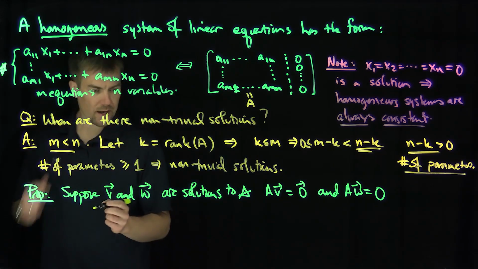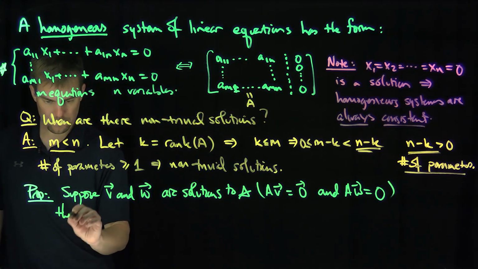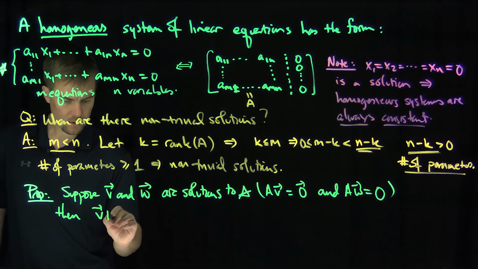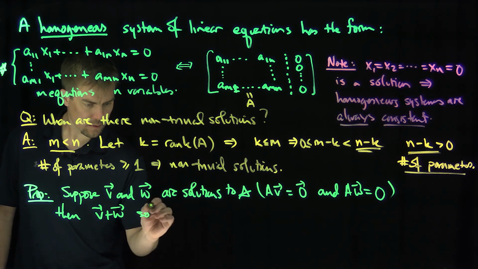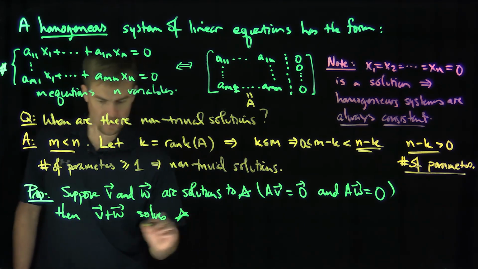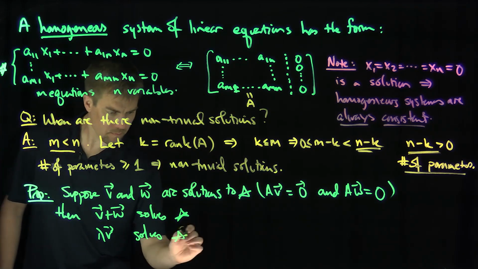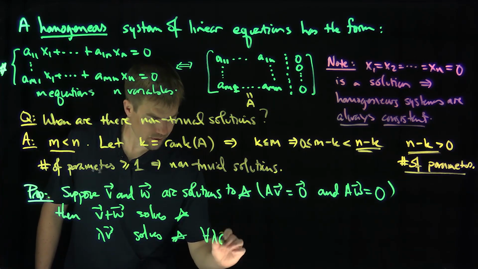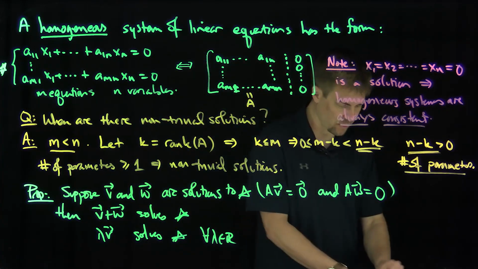Then automatically what do we get? Then V plus W solves star, and lambda V solves star for every lambda in R. Of course, this just follows from the linearity of the operator A, and so the proof is trivial.